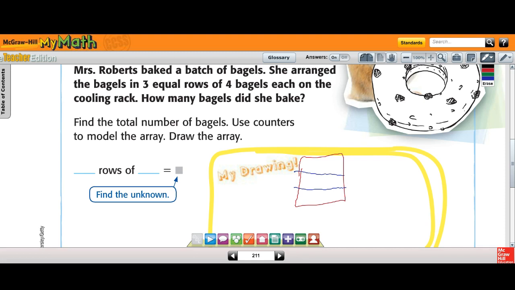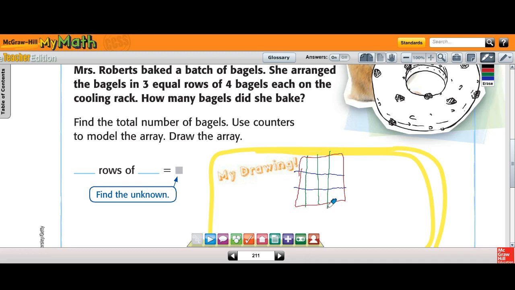It says there are 4 bagels in each row. So now I need to make columns. How many lines am I going to use? Just make sure they're somewhat the same. 1, 2, 3. Then it says, how many bagels did she bake?